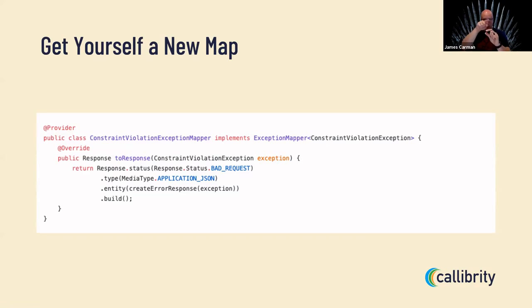It goes up the tree until it finds the thing that is closest matching to the type of exception that was thrown, and then it's going to hand that exception to the plugin that matches it. So in our case, it's ConstraintViolationException. That is what is thrown when the Java Bean validation API says this isn't going to work. So we're going to see these ConstraintViolationException objects.